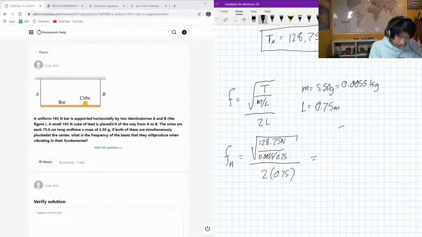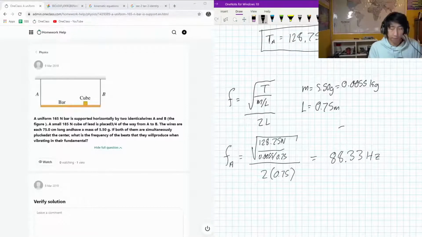Underneath the root, we got 128.75 divided by 0.055, 0.75, and that whole thing divided by 2 times 0.75, so that's divided by 1.5 overall. And the frequency for this is going to be 88.33 hertz.